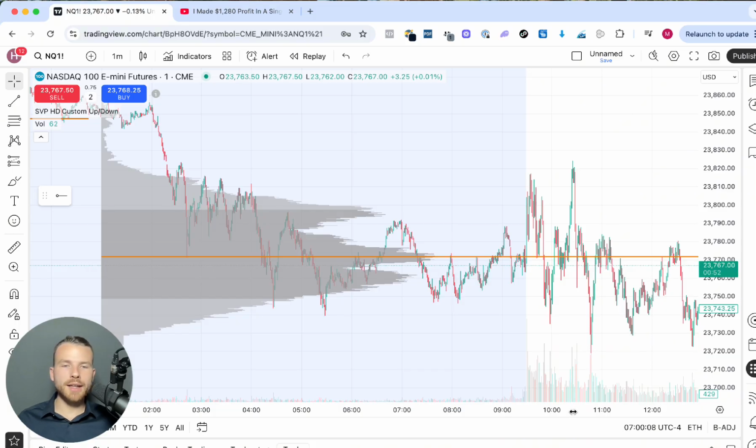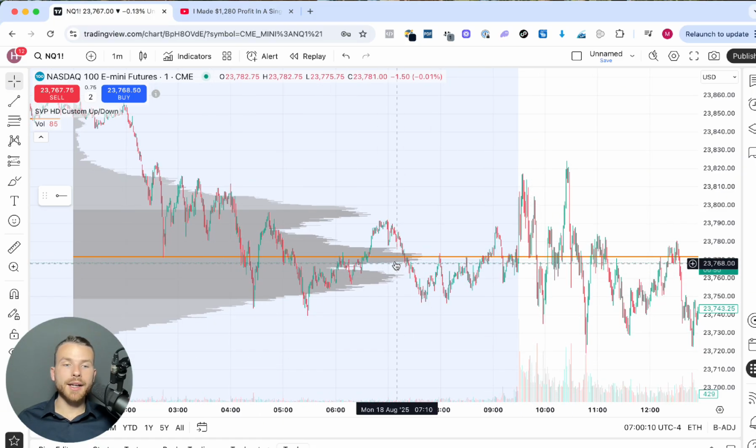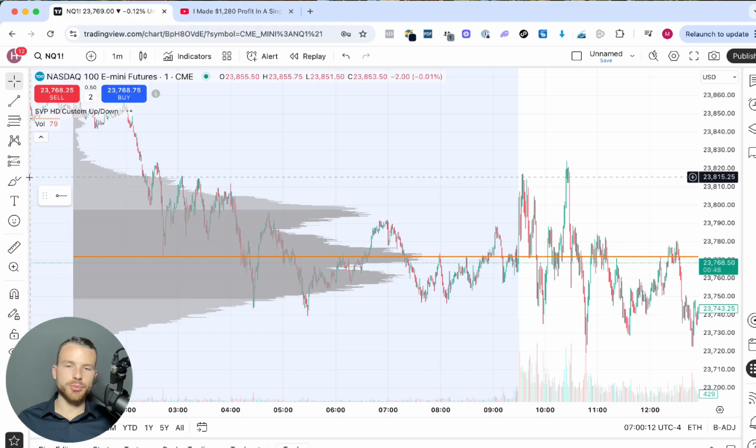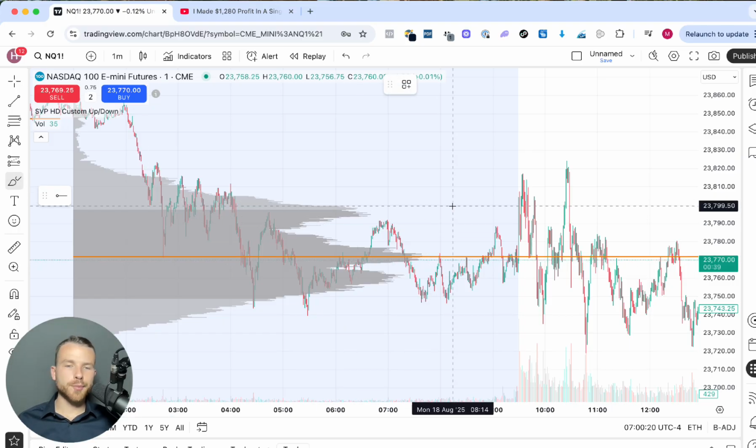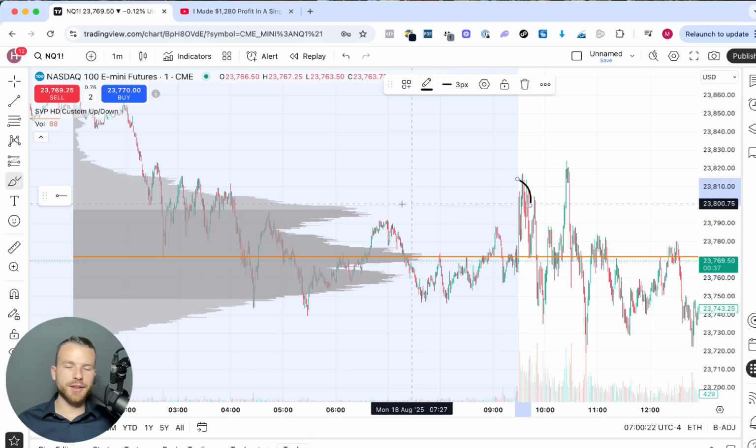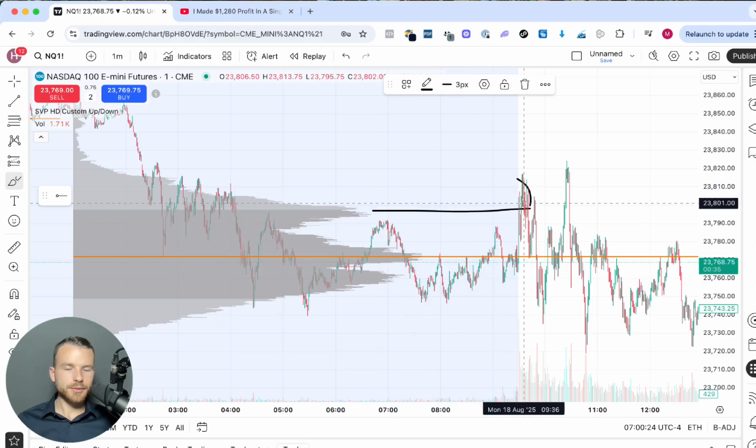And accepted prices are usually just high volume nodes, as the volume profile dictates. This can be the volume point of control or just any of these high volume nodes right here. And one thing that you need to look out for is if price struggles to get through one of these levels, that's usually, not always, usually a pretty good spot to take your profits.